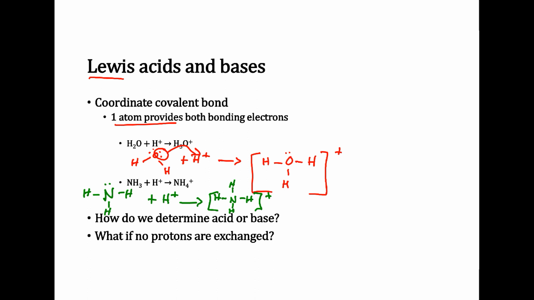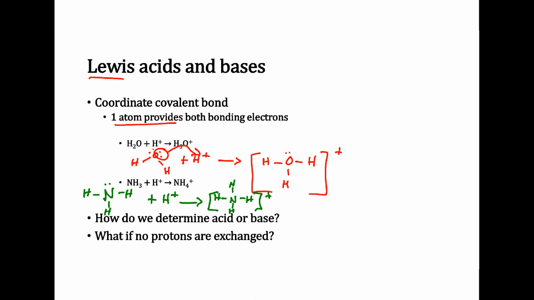In this case, we could still technically use the Bronsted-Lowry definition for an acid or a base. The proton coming in would be the acid, and the thing that's accepting the proton would be the one that's giving the pair of electrons. It's the electron pair donor.